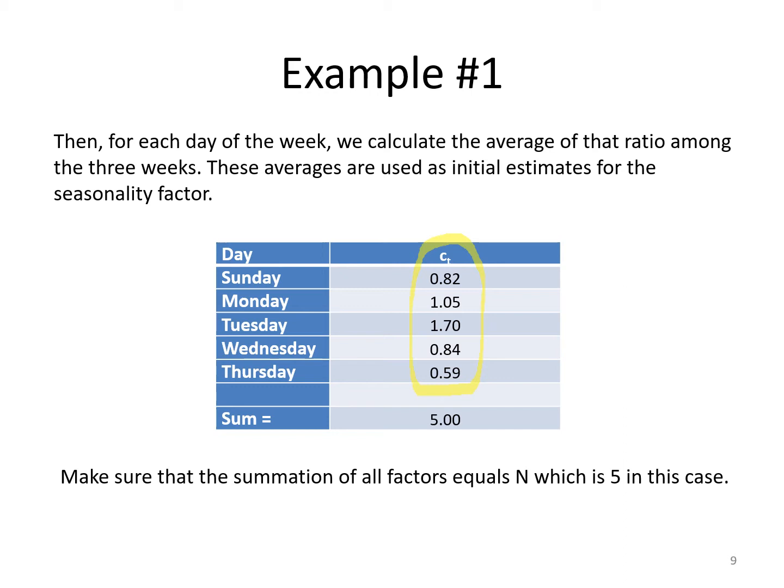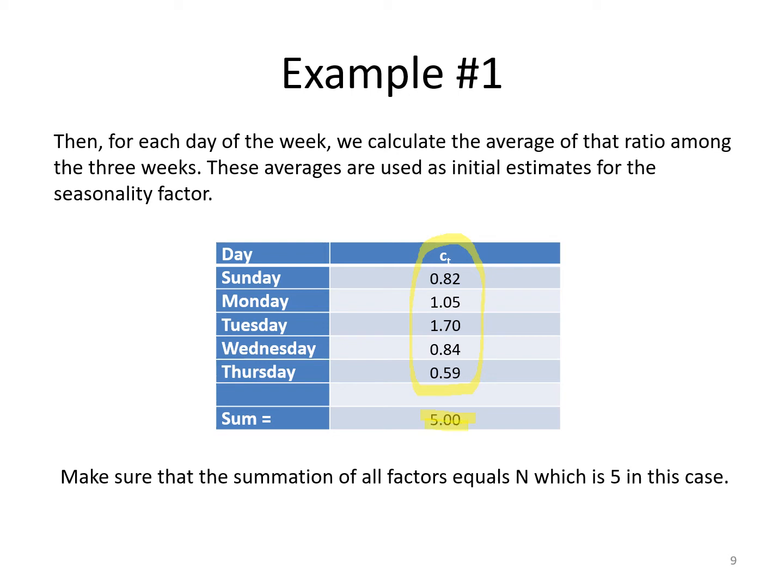The seasonality factors have to sum up to a total value of capital N, which equals 5 in our case, because we are talking about 5 days a week, right? So they have to sum up to a total value that is exactly N.